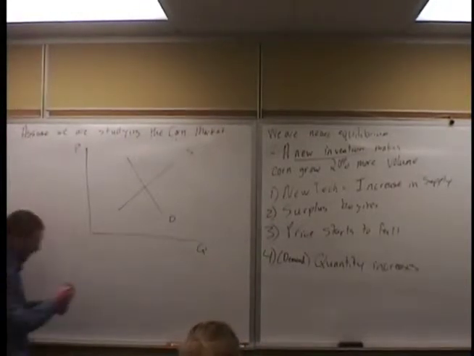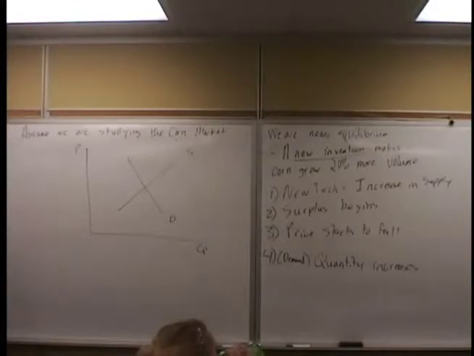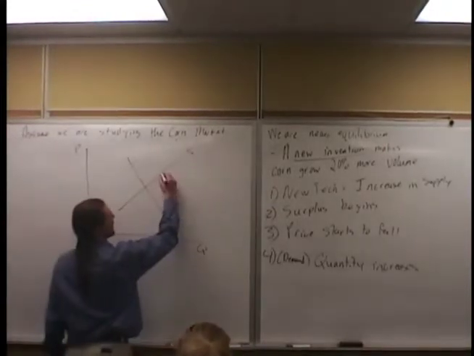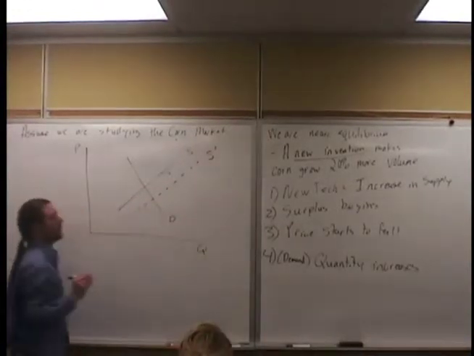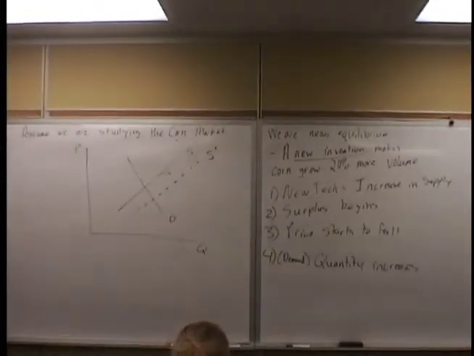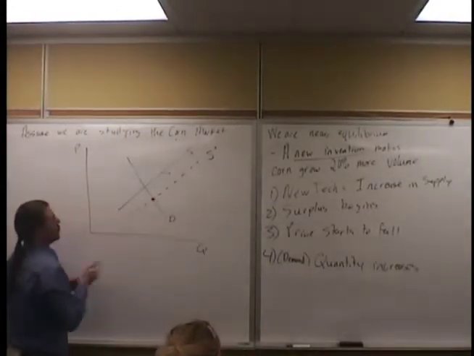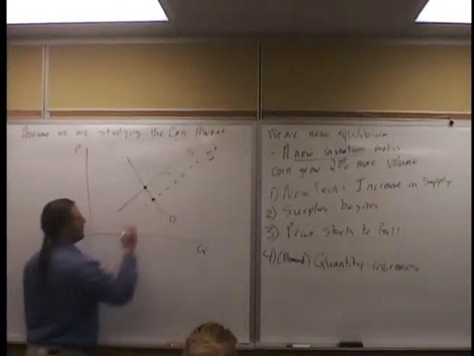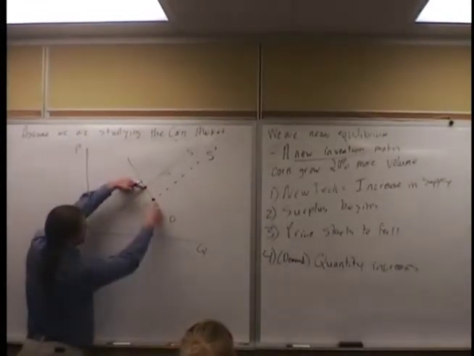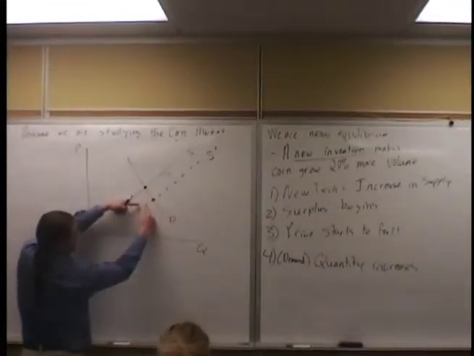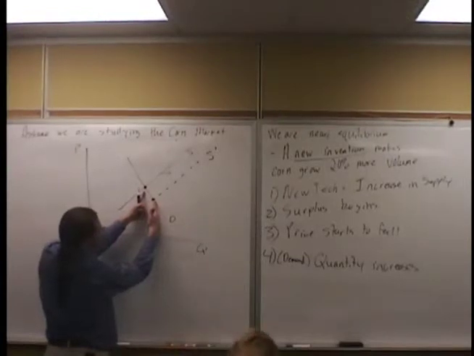So let's make sure that the picture agrees with our words. Increase in supply. Shift supply to the right. Compare our new equilibrium to our old equilibrium. What happened to the price from here to here? Price went down. What happened to the quantity from here to here? It shifted to the right.